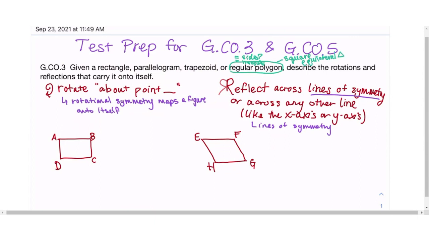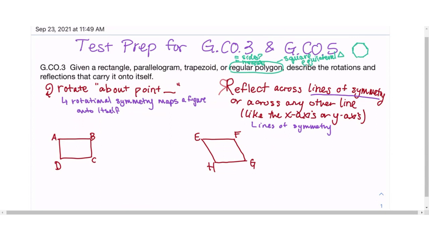Or even a stop sign. I can draw it nice-ish. All of these sides are supposed to be equal. And so you could say that was a regular octagon. Regular just means all the sides are equal and all the angles are equal, or congruent is the fancy word.